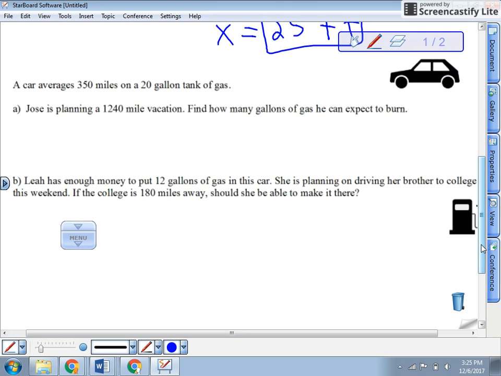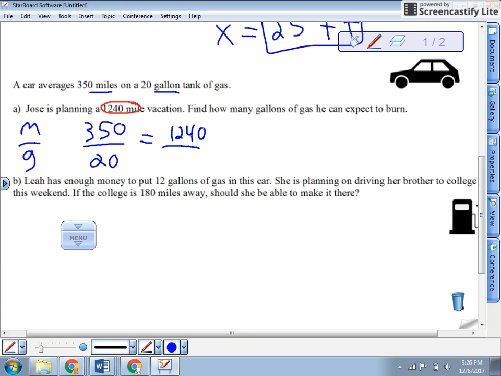Now something that's always of interest to you guys is miles per gallon. In this example, we're comparing miles to gallons, so miles first, gallons on the bottom. The car averages 350 miles per 20 gallons. Now Jose is planning a 1,240 mile vacation. Miles goes on top, so here's my 1,240. How many gallons? We don't know, gallons is on the bottom, so we put an X. Again, just cross multiply.